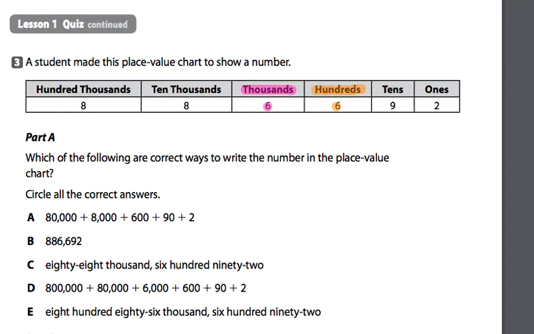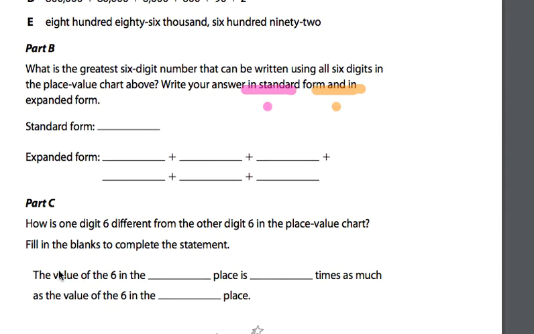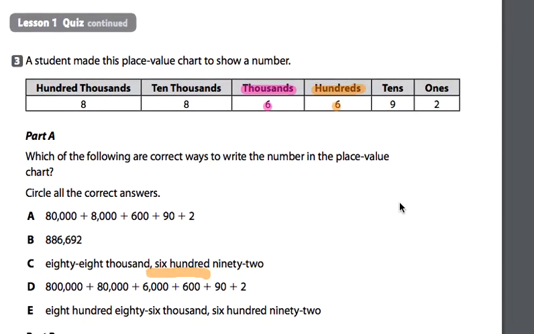And it wants you to explain how these digits are different. How are they different? You're going to explain that by filling in the blank. So the value of the 6 in the blank place is blank times as much as the value of the 6 in the blank place. So for this first blank, you have to figure out, are they talking about the 6 that's in the hundreds place, or the 6 that's in the thousands place?